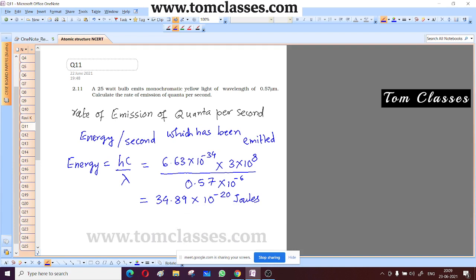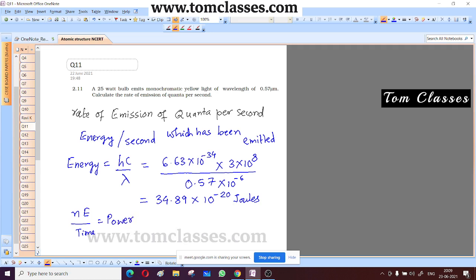Then the rate of emission of quanta per second. So what is that rate? If I say there are n photons which are emitted, this means nE by time, that is the power which is getting emitted out of that particular source.